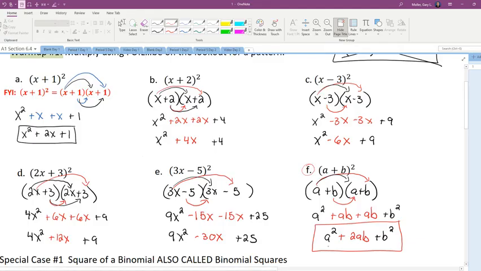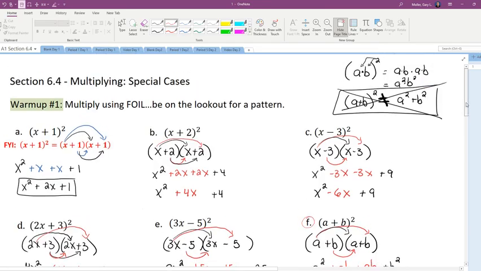It starts off with simply a squared. It ends with b squared, which is kind of what we said the answer wasn't going to be if we just tried to use the factoring, right? We said it wasn't a squared plus b squared. It isn't a squared plus b squared, but that is part of the answer.